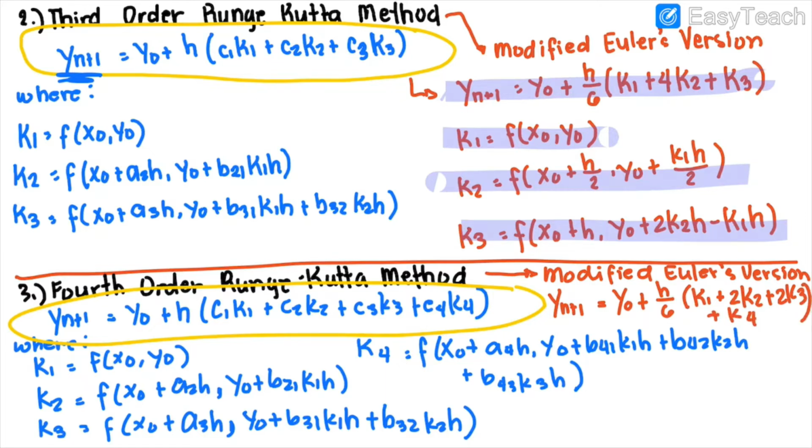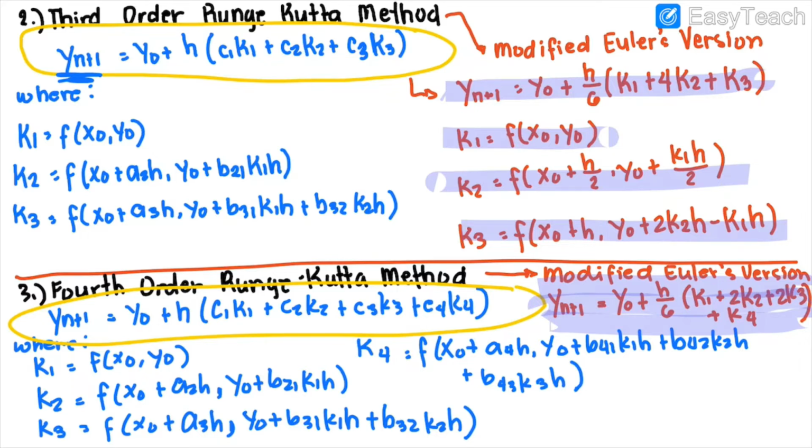So basically, this is what we will use for solving the value of y under the 4th order Runge-Kutta method. Okay, under the modified Euler's version of the 4th order Runge-Kutta method.